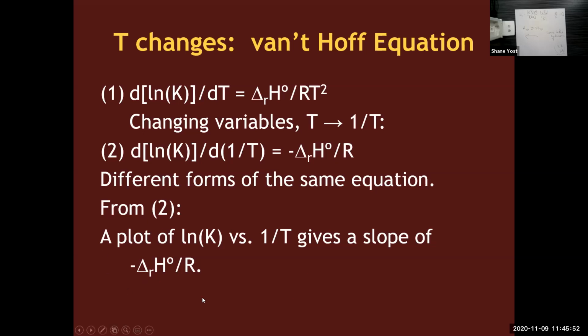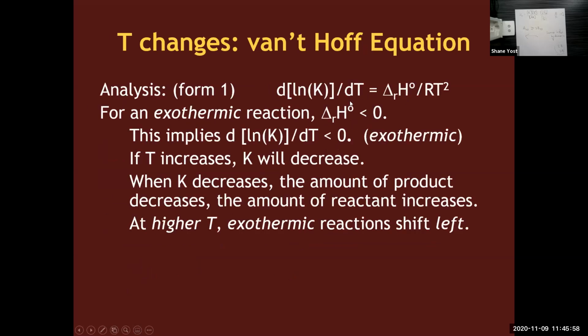But if we go back to equation 1 here, form 1, d ln K dT equals delta H over RT squared. Looking at this, if delta H is less than 0, that means d ln K dT has to be less than 0, so that if T increases, K has to decrease.